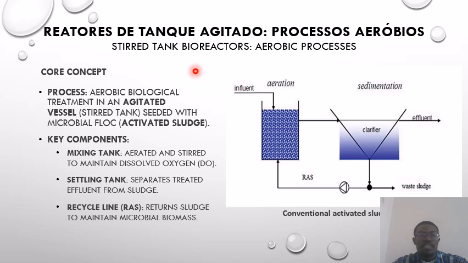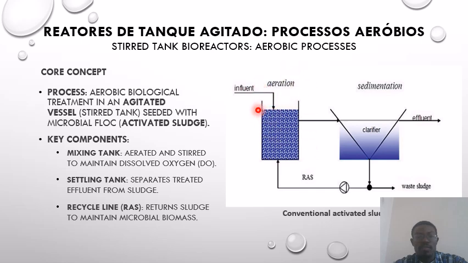The process includes aeration, where oxygen is constantly being pumped in. After being pumped in, it's allowed to settle. After settling, it's being recycled to maintain what? A continuous activity. It's a circular activity in this process. We have the mixing tank, we have the settling tank, and then we have the recycle line, which is this.